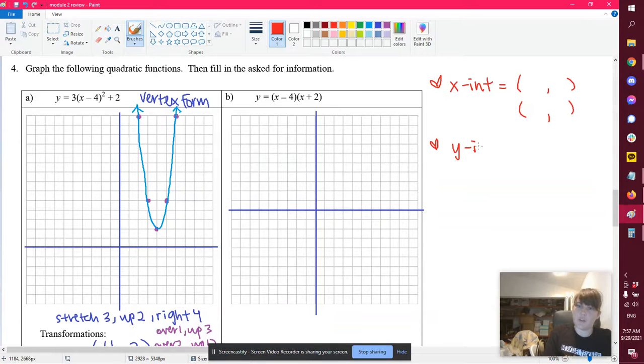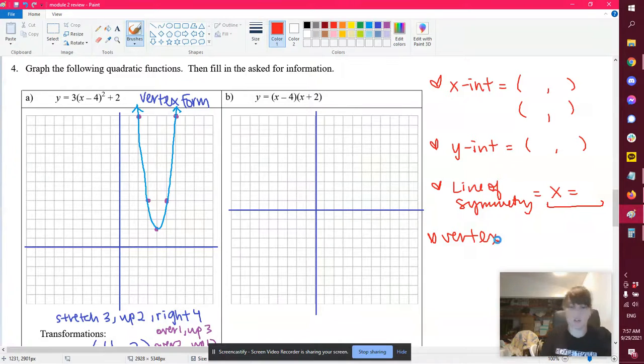I'm going to find the y-intercepts. I'm going to find the line of symmetry. And then I'll find the vertex. And this is what we did in class yesterday.